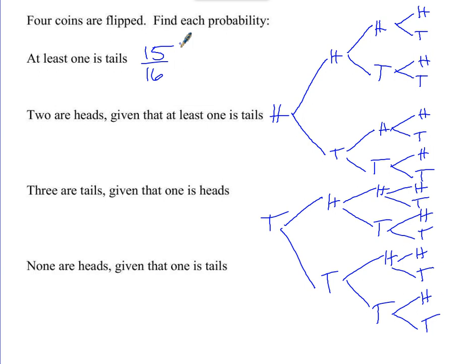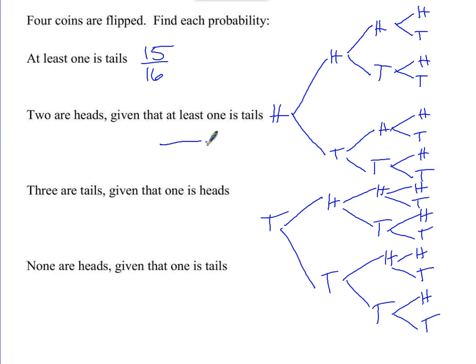What about 2 are heads given that at least 1 is tails? How many ways can I flip four coins so that at least 1 is tails given to me? No, given that at least 1 is tails.